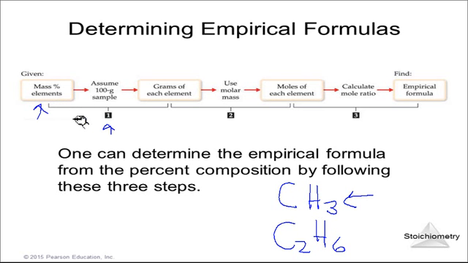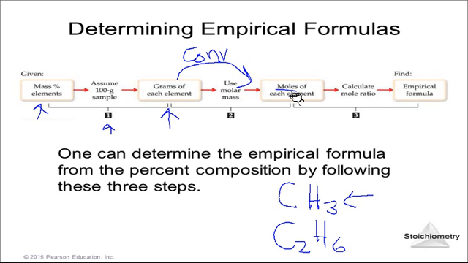By assuming 100 grams, I can easily turn those percentages directly into grams of each element. I can then use the molar masses to convert from grams to moles, using the definition that 1 mole equals so many grams. So I started with percentage and went through grams to get to moles.